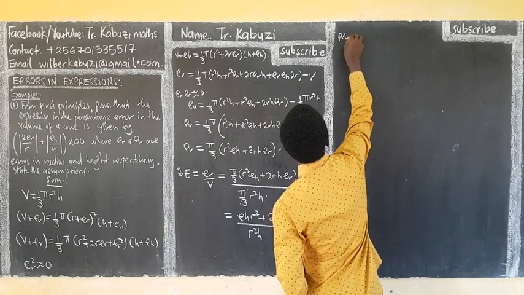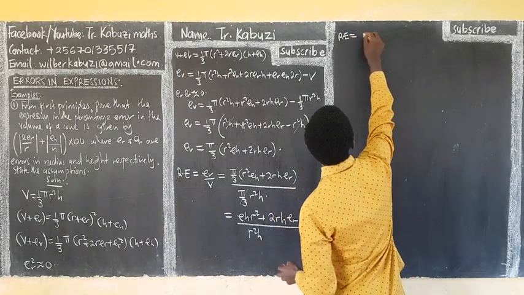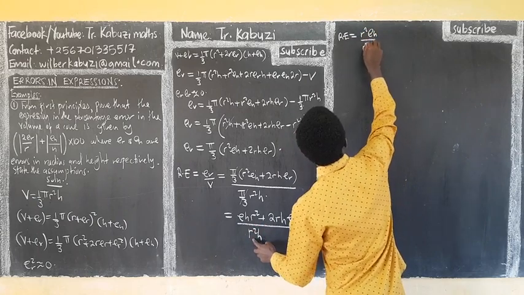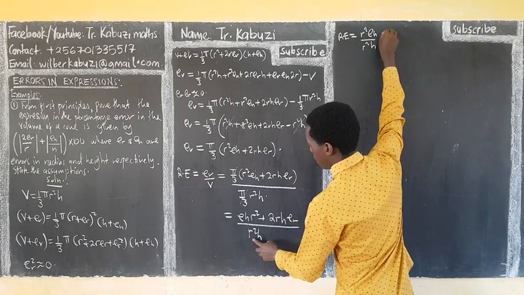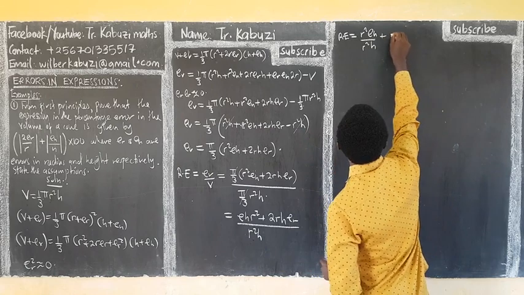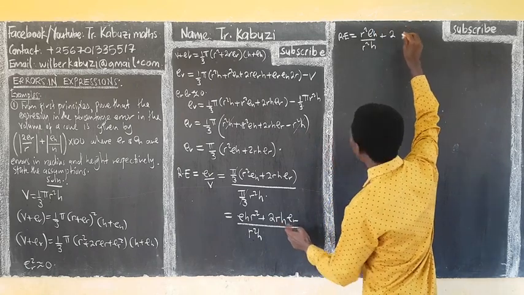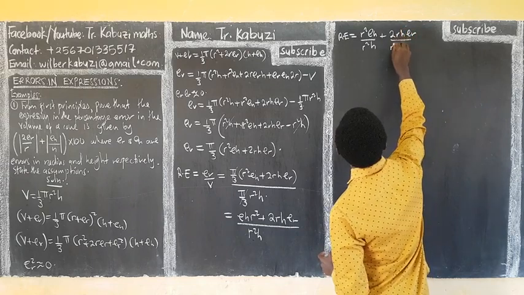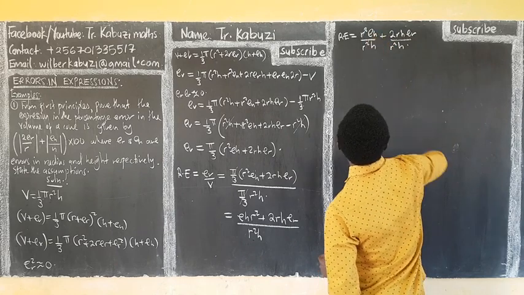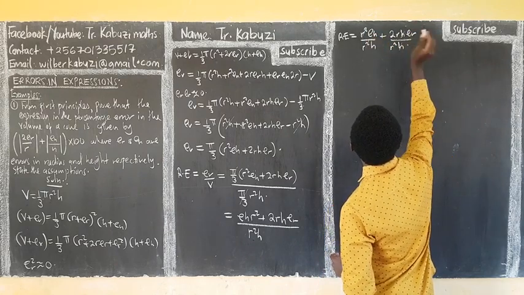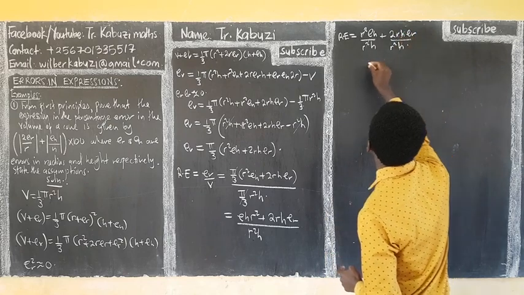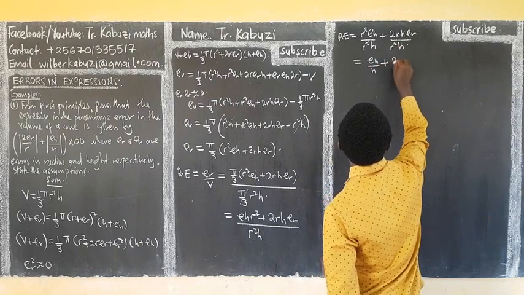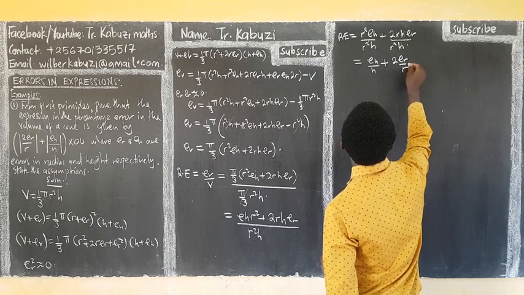So our relative error is going to be r squared eh divided by r squared h, plus 2rh er divided by r squared h. So one h goes, then one r goes with that. So this will give me eh over h, then plus 2 er over r.